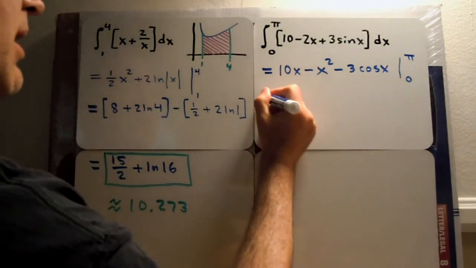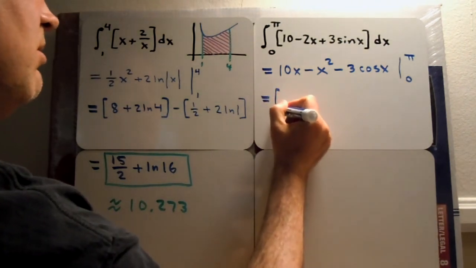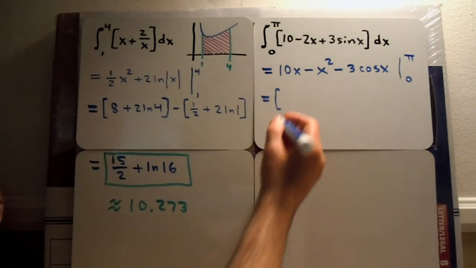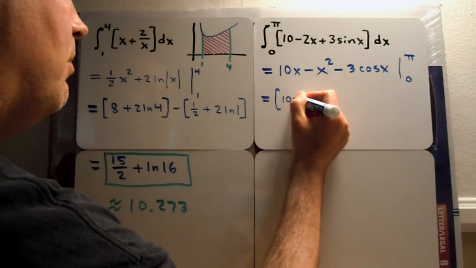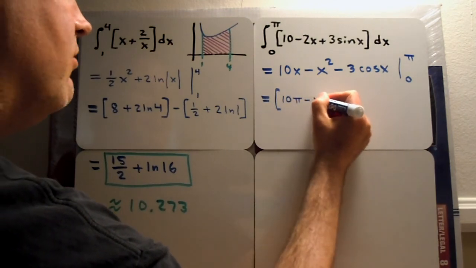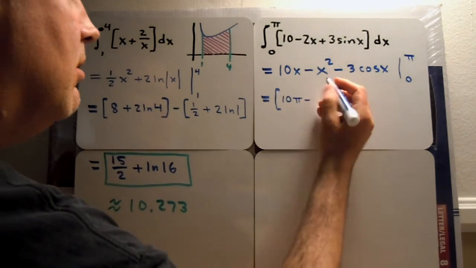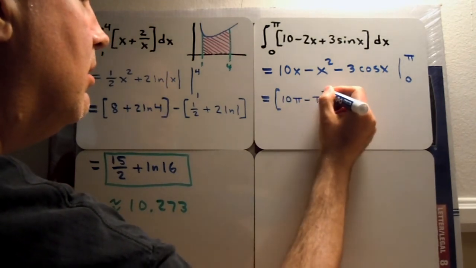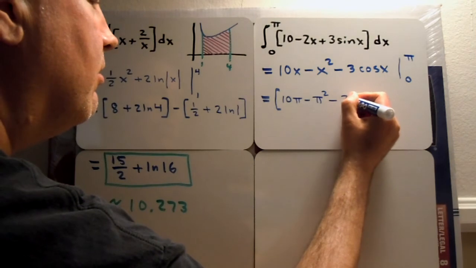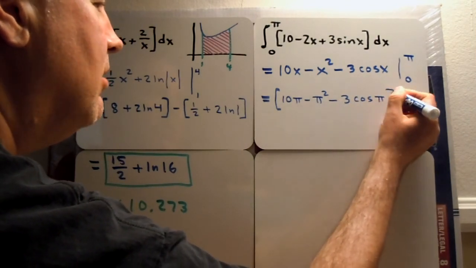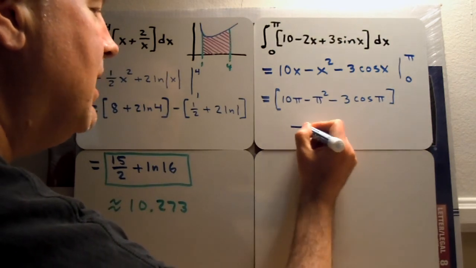So we want to then evaluate this integral at pi, and again remember that the plus c is not necessary if you're evaluating at endpoints. So we're going to have 10 pi minus pi squared minus 3 cosine of pi, minus.